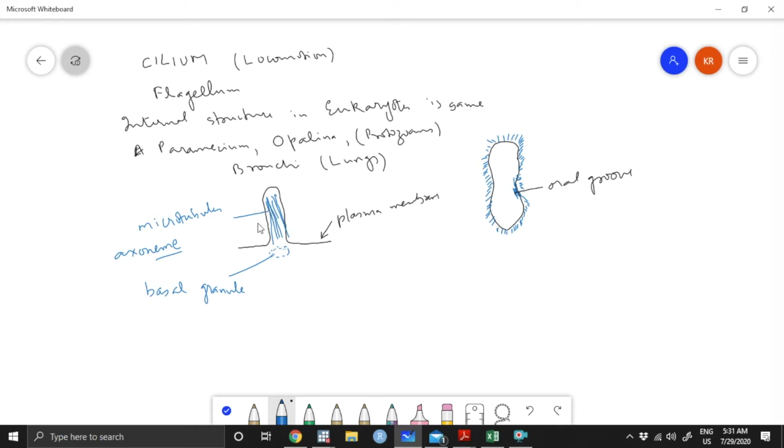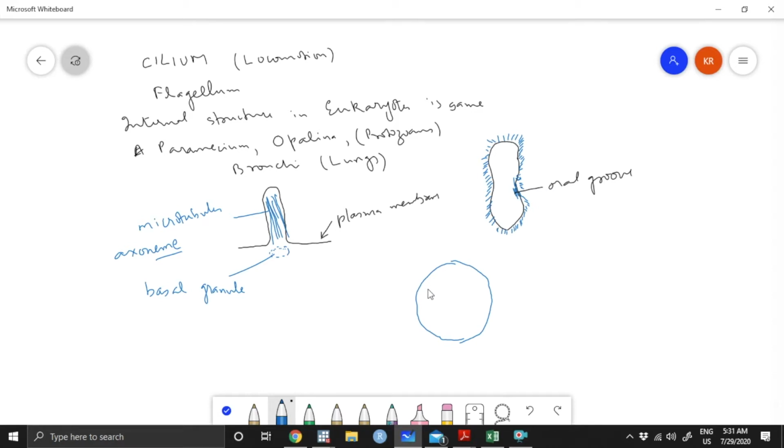So if we take a section over here, a transverse section, it will appear like this.